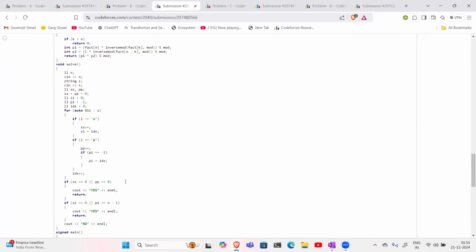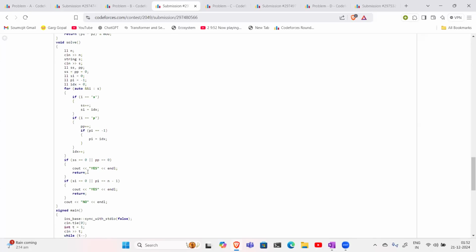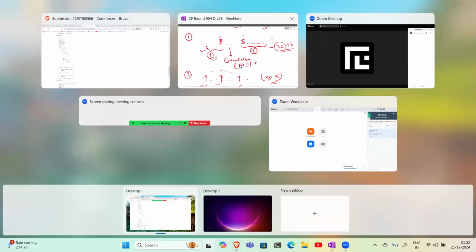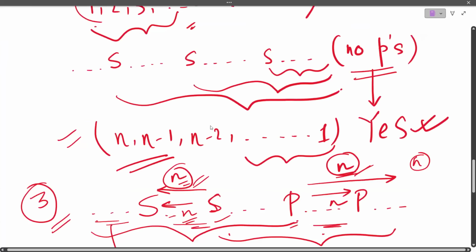Apart from that, I also mark two integers, si and pi. si stores the last index of the string where s is found, and pi indicates the first index of the string where p is found. Now simply, if si is 0, that means s comes before, or pi is n minus 1, that means p comes after, we return yes, otherwise we return no. So basically this checks the last two conditions.